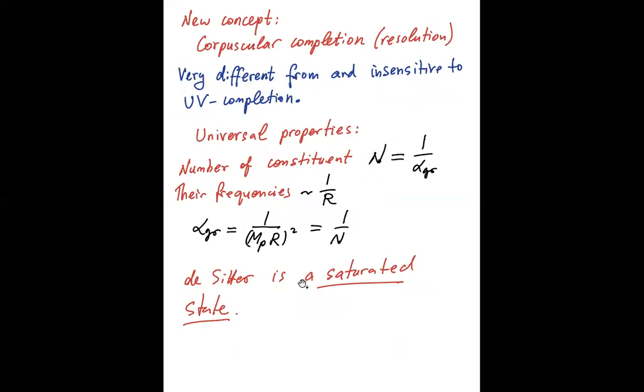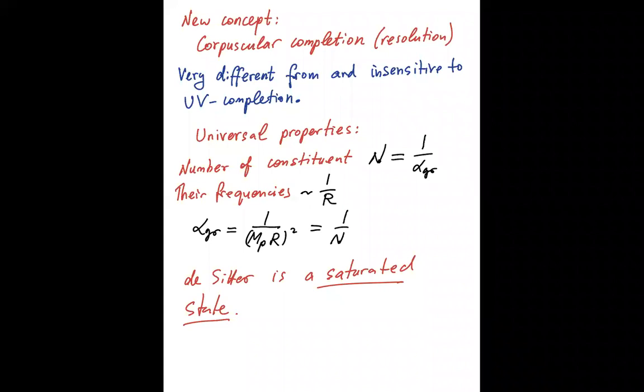Now, what I'm describing gives a new concept in cosmology, or in treating de Sitter in particular, which we call corpuscular completion, corpuscular resolution, and it is very important to spell this out clearly. In classical GR, you could say there is not much difference between de Sitter or Minkowski or any other background.